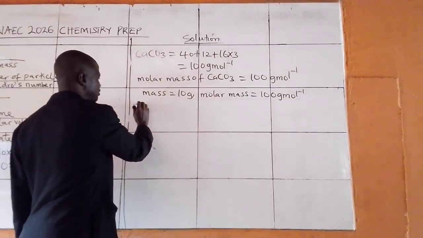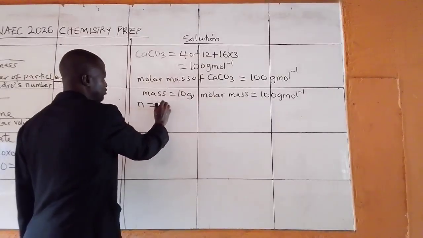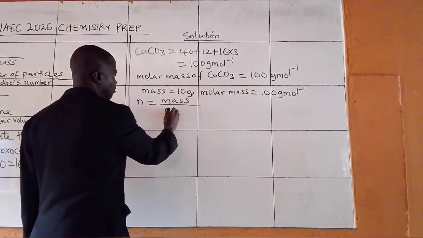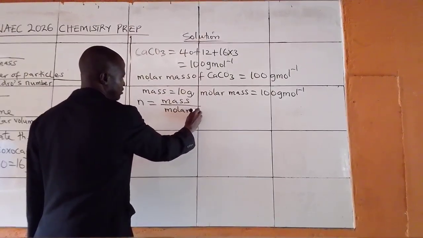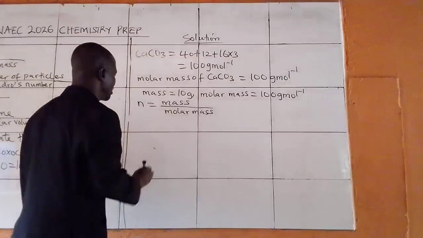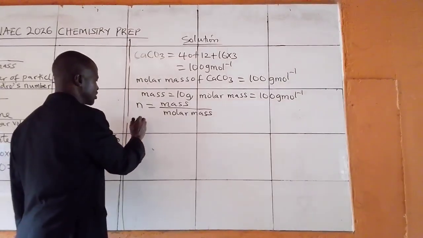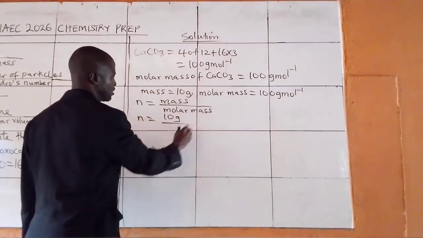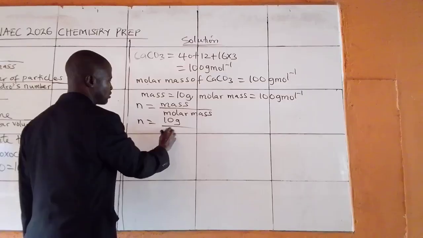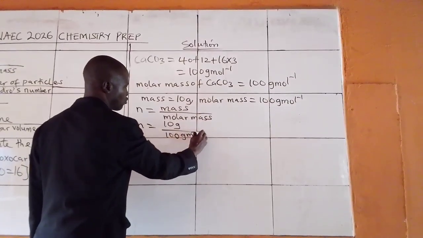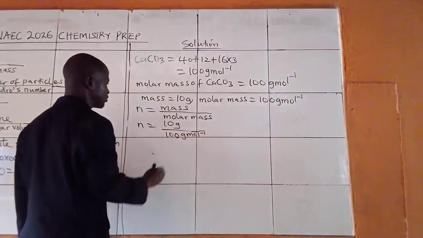Now from this, we can calculate the number of mole. Number of mole is represented as N, which is equal to mass all over molar mass. Okay? So by substituting, N is equal to 10 grams all over 100 grams per mole.